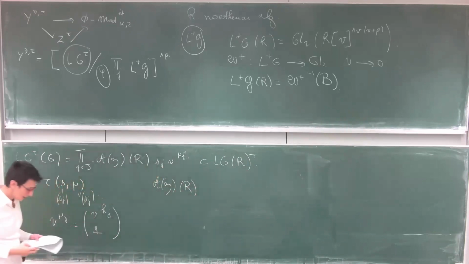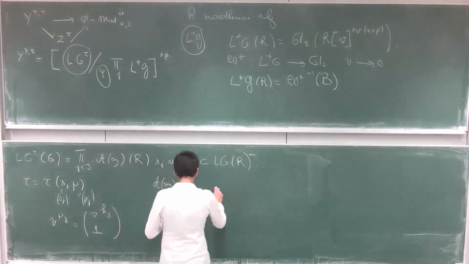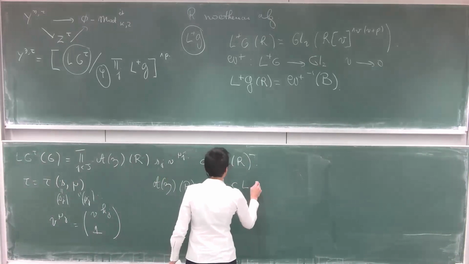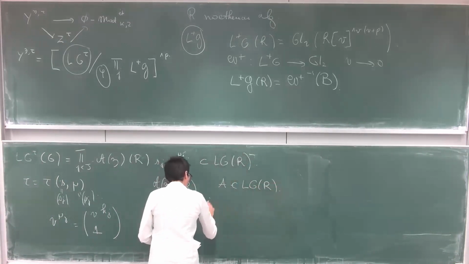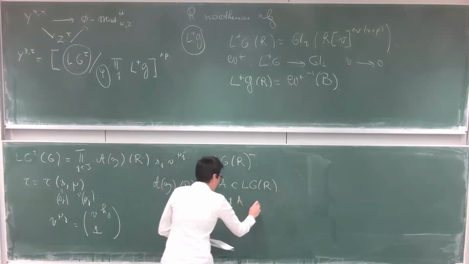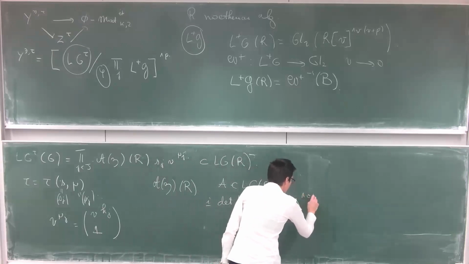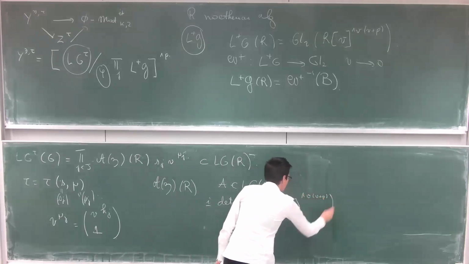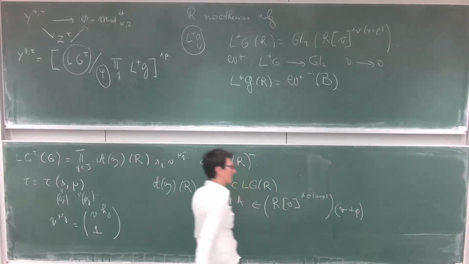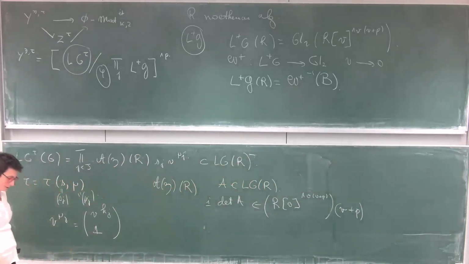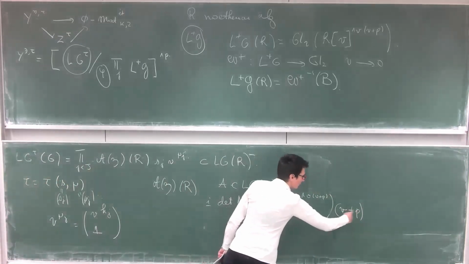So this is a subfunctor of this one, where the element satisfies the following properties, which are very explicit. The determinant of A should belong to this ring. Here it's because we are in the Barsotti-Tate case. This is the power 1.